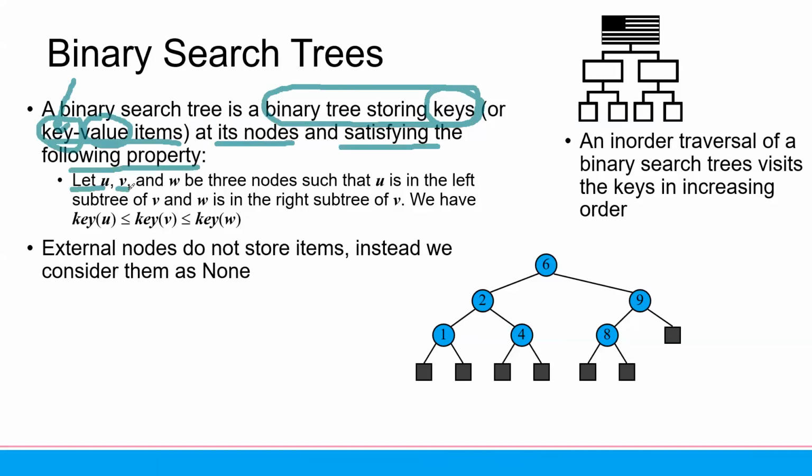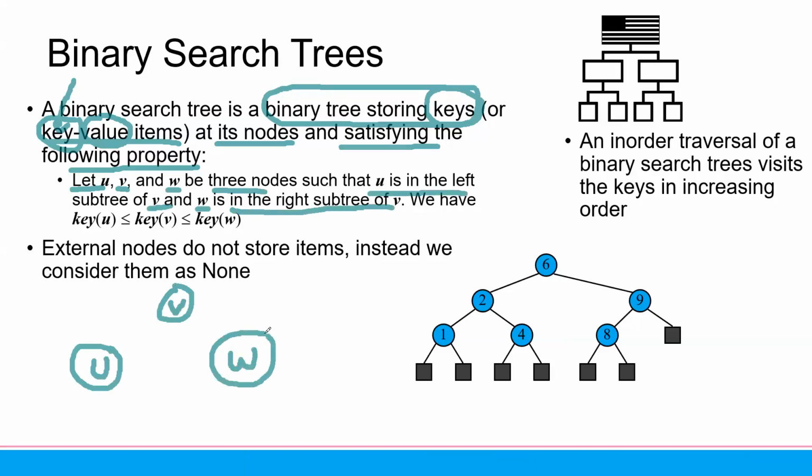Let U, V, and W be 3 nodes such that U is in the left subtree of V and W is in the right subtree of V. Then key U is less than or equal to key V, and key W is greater than or equal to key V. So this is the property.